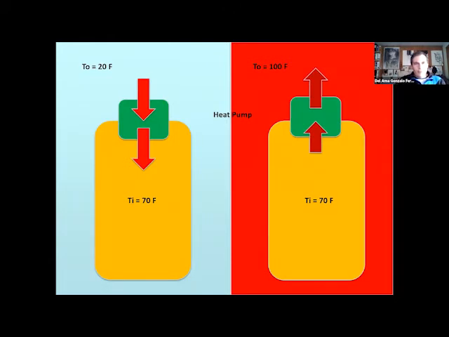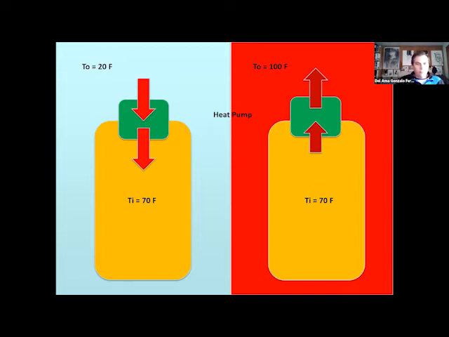And why can the heat pump do this? Because we have this concept of the enthalpy. If you remember, we explained what enthalpy was. It's the energy that the air has. So even if it's too cold, the air has energy, and we call that energy enthalpy. Even if it's cold, if it's 20 Fahrenheit or even less than 20 Fahrenheit, we can extract energy from that air.